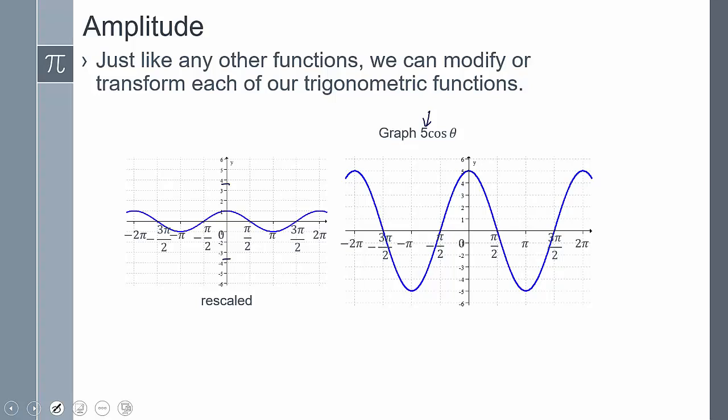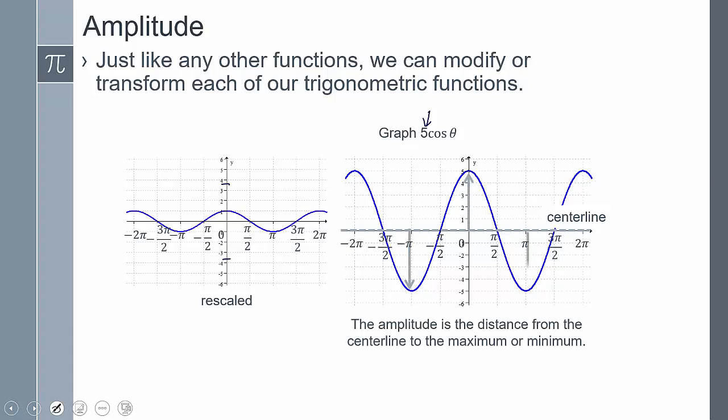Okay, it's a vertical stretch. Now, in sine and cosine functions, we call that the amplitude. The amplitude is the distance from the center line to the highest and lowest value on our graph. And so since the distance is going to be 5, my amplitude is going to be 5.